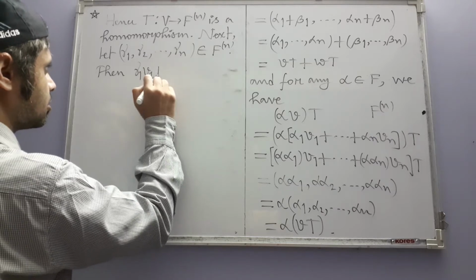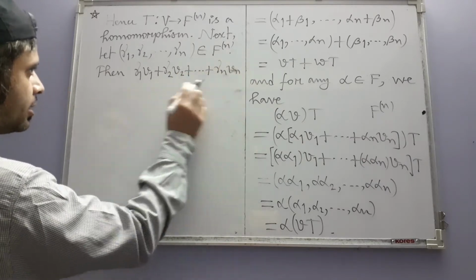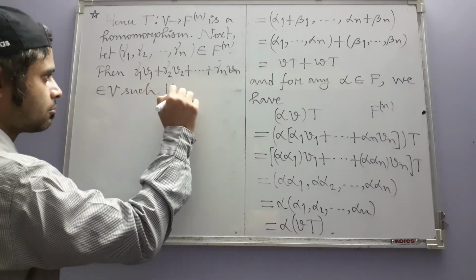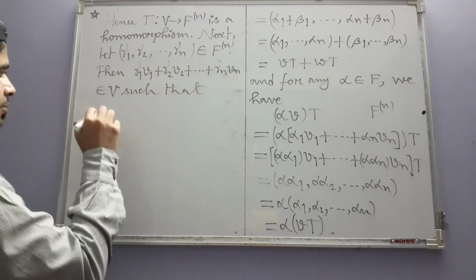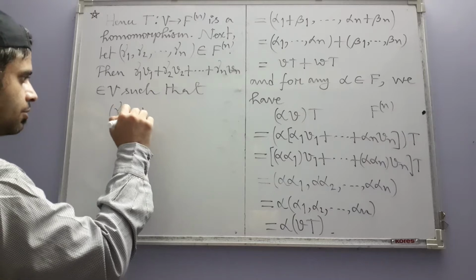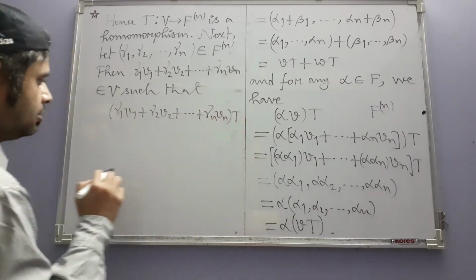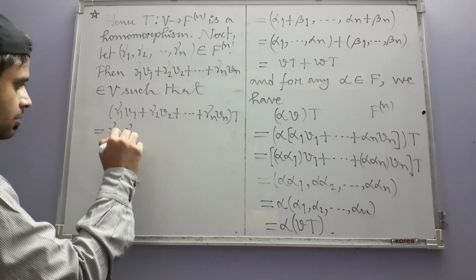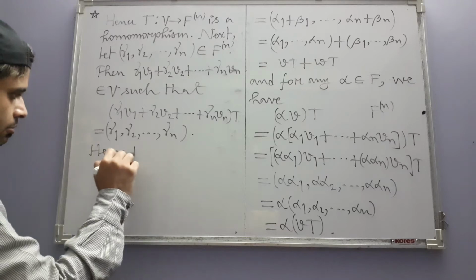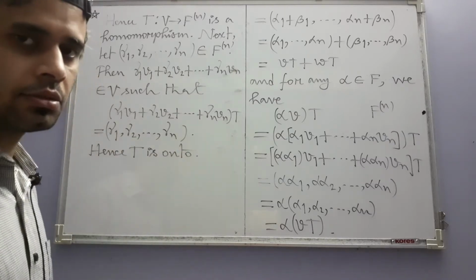You consider this vector gamma 1 v1 plus gamma 2 v2 and so on up to gamma n vn, and this is obviously a linear combination of the basis vectors in capital V. So this is after all a vector in V, and its T image by definition is just this, such that T of gamma 1 v1 plus gamma 2 v2 etc. plus gamma n vn is equal to this n-tuple with which we started. Hence T is onto.